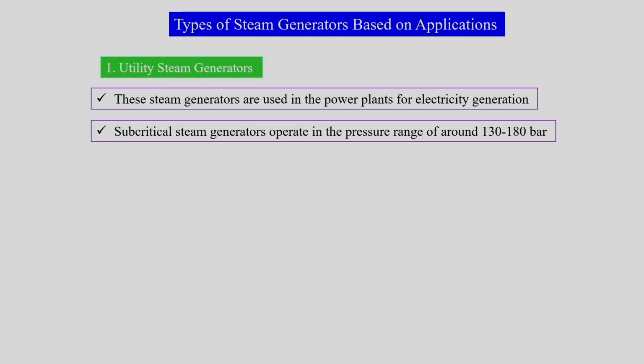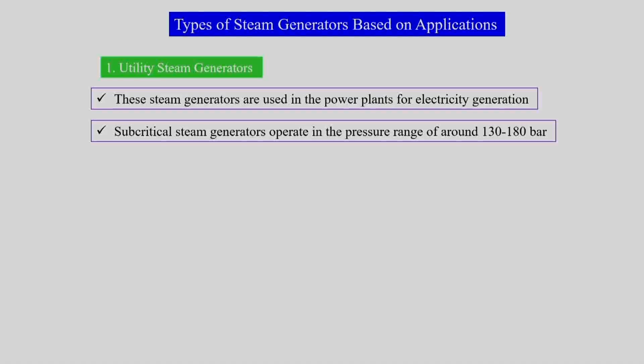One is the subcritical steam generator, another is the supercritical steam generator, and obviously these two types are based upon the pressure of the steam which is supplied to the steam generator. If a utility steam generator is of subcritical type, then it would be handling steam at pressures of around 130 to 180 bar.